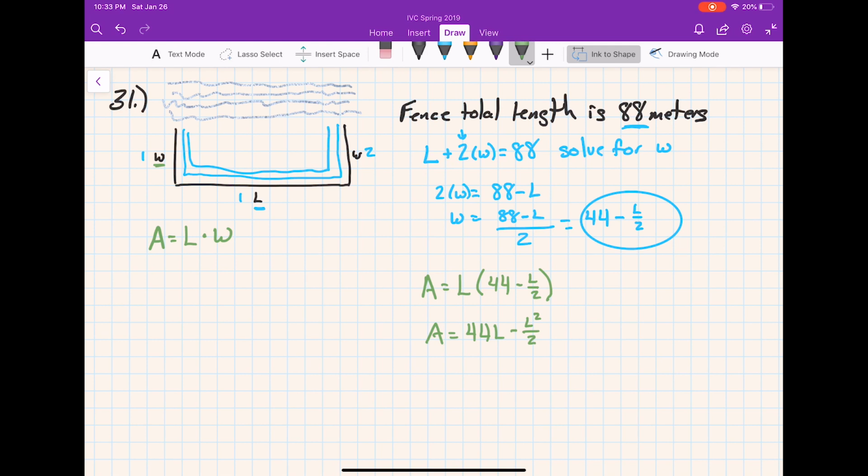Or we could write this as 1/2 L squared, so 44L minus 1/2 L squared. I'm going to use a capital L because if I use lowercase l, it would just be a 1, so it's not a good idea to use the L's here as a letter. But there's our answer for that guy.